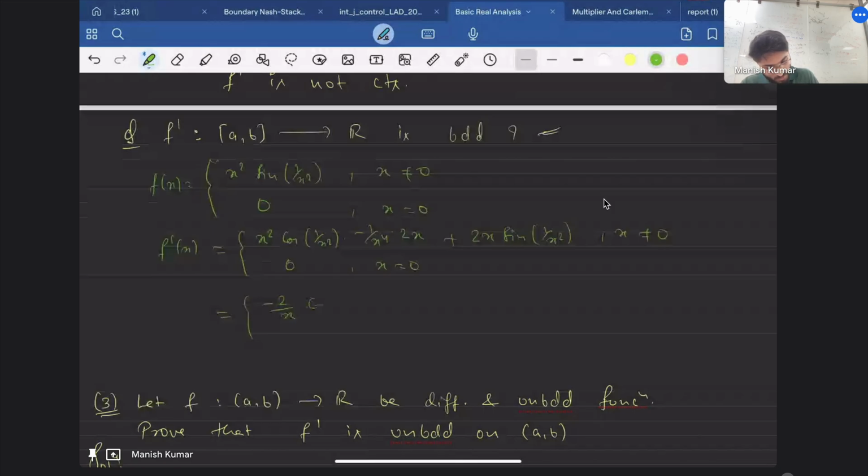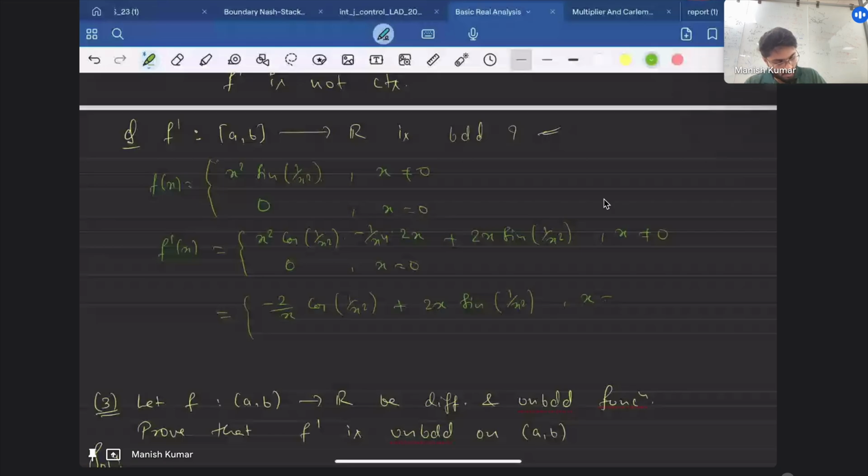So f prime is unbounded on (0, 1). Okay, so I defined it for x belonging to this interval, and here this example would work.